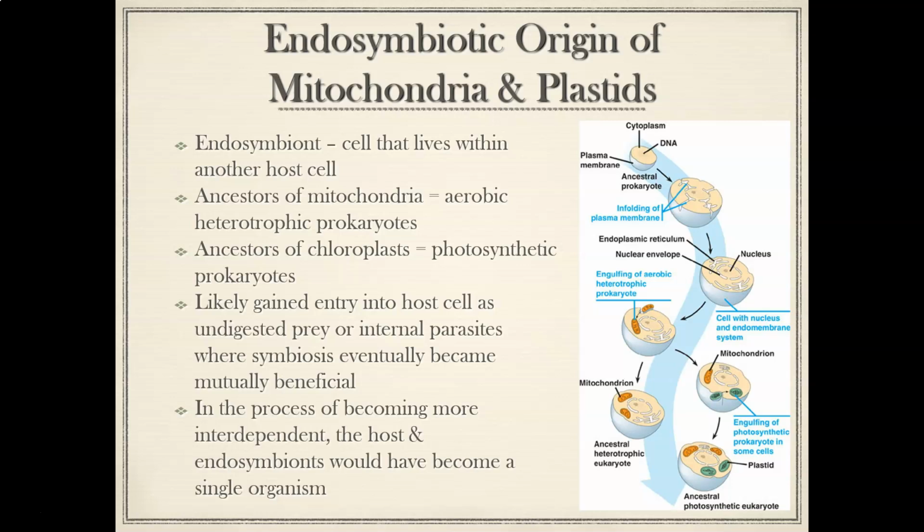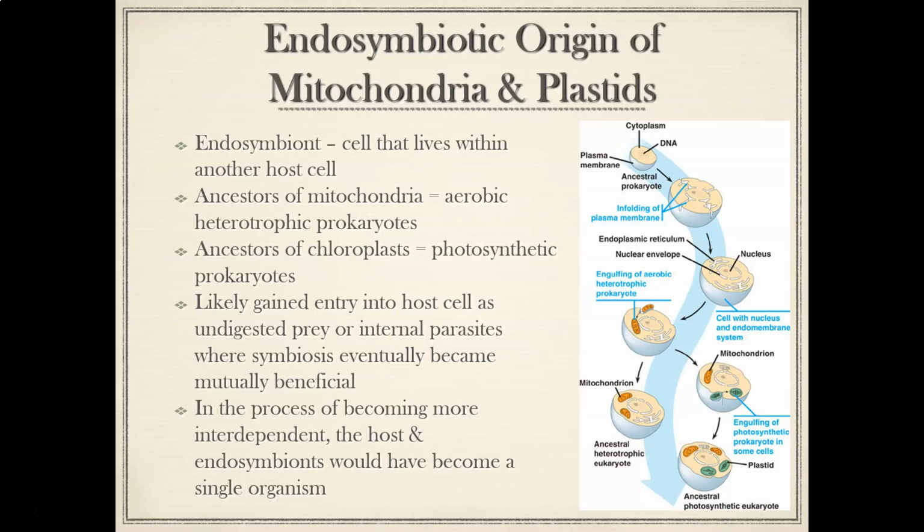What seems to have perhaps happened in this case is that these ancestral mitochondria, these ancestral chloroplasts, or these free-living prokaryotes, got engulfed by a larger prokaryotic cell, but for one reason or another, that larger cell was unable to digest the prey that it took in.